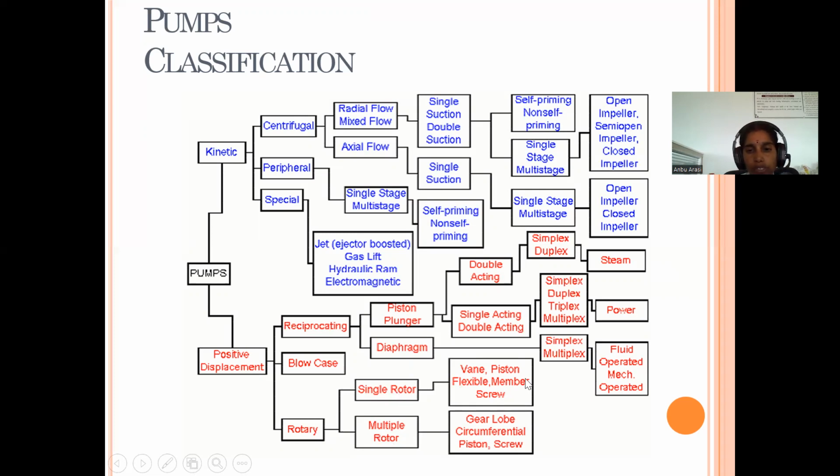Single rotor: vane, piston, flexible member, screw. Multiple rotor: gear, lobe, circumferential piston, screw. Single acting and double acting pumps are divided into simplex, duplex, triplex, and multiplex pumps. Simplex and duplex pumps are again divided into steam pumps and power pumps.